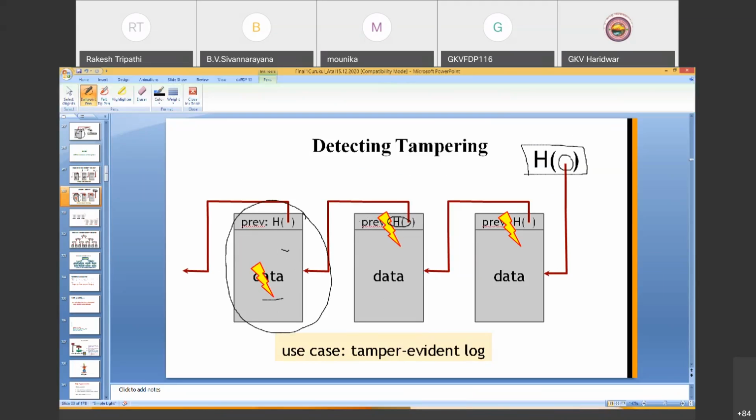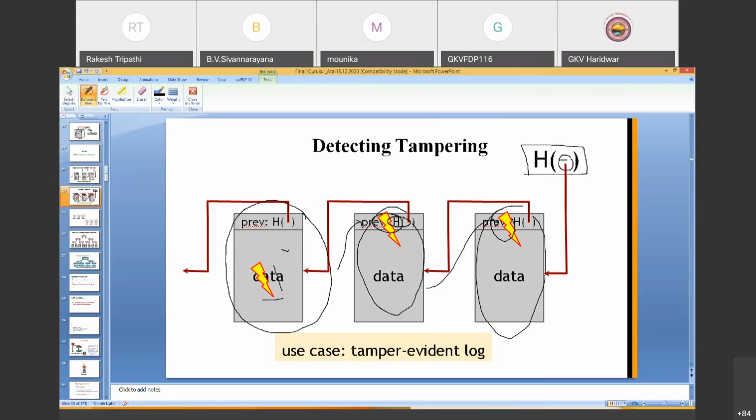The previous hash together with the data, this has been derived. If I change any data here, then this hash won't match. In order to match this hash, again you have to change this. Once you change this, again this hash won't match. Again you have to change this. Now once you change this, again you have to change this hash, but you cannot change this hash because this is what is being remembered.